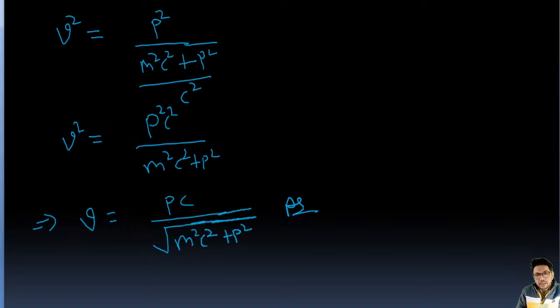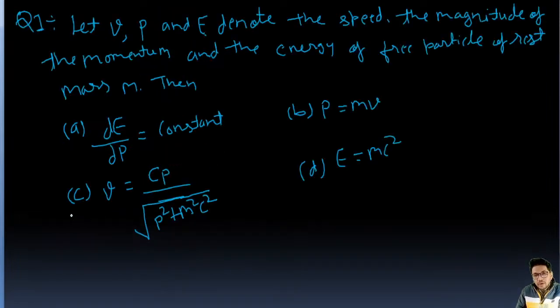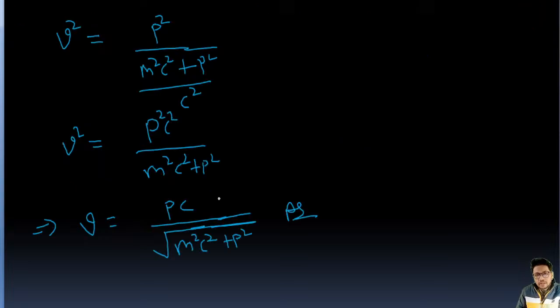Let's check which option is matching. Option number C is the correct one, that is cp upon root of p square plus m square c square. This is v equal to pc upon root of m square c square plus p square. Very simple question, right?